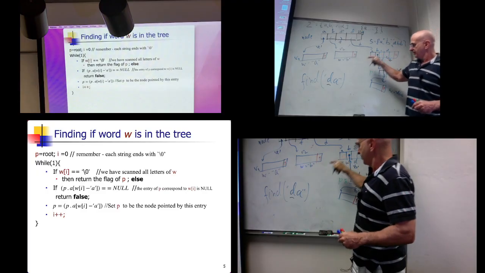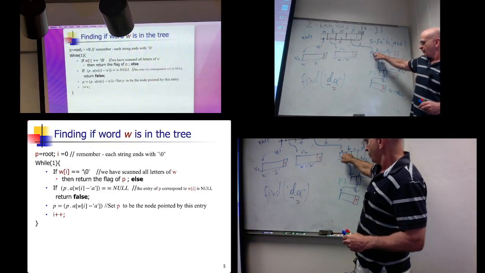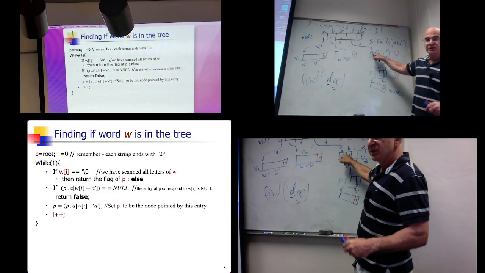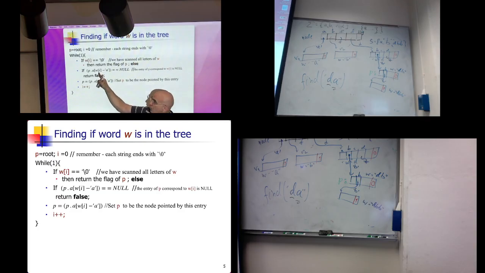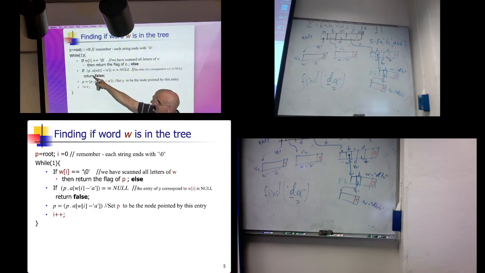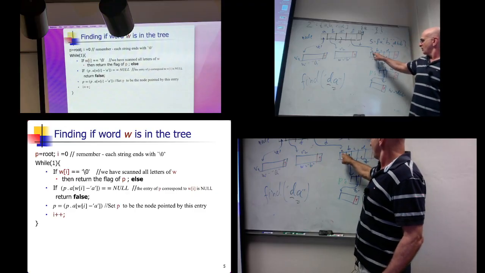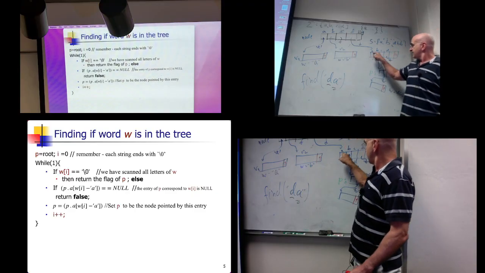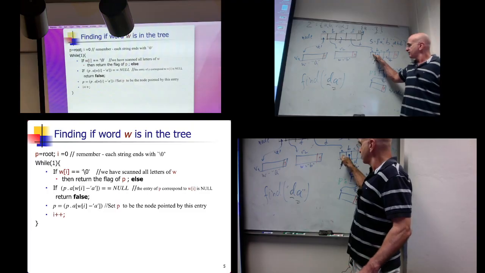It's not null, so we can follow it to the next node, and now we are checking the A. Look at this node and ask what is at cell W of 1, which in this word is A minus A, which is 0, so I'm looking at this array at address 0 of this node, and I'm asking, does this cell point to null, or does it point to a different node?